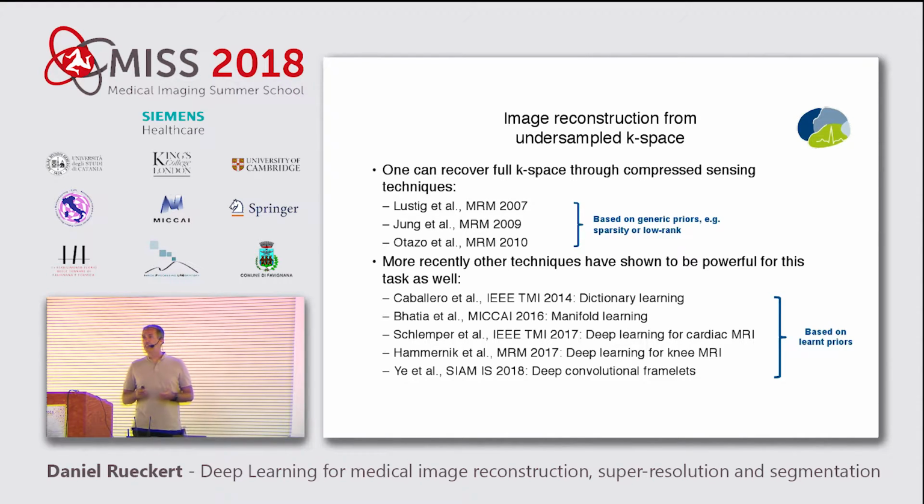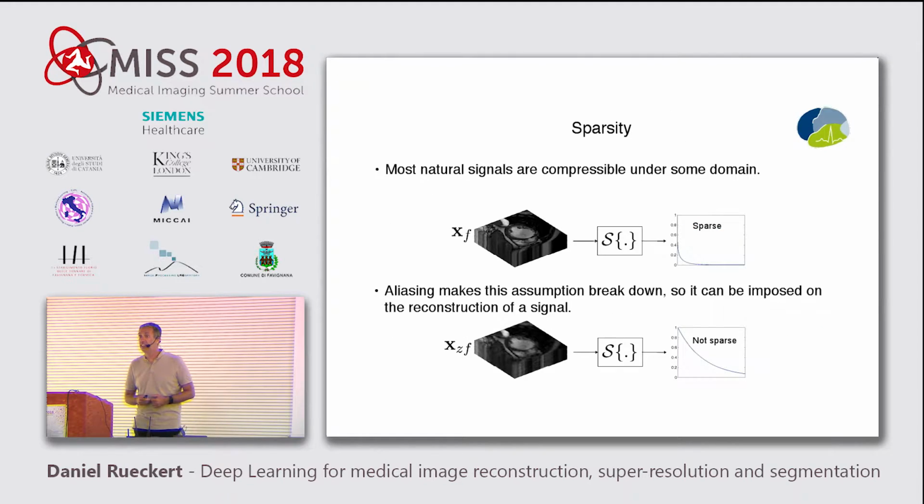So the key difference between the classical conventional compressed sensing techniques and these ones here at the bottom is the type of prior you're using. In compressed sensing, you typically use an assumption of sparsity in some domain of your signal.